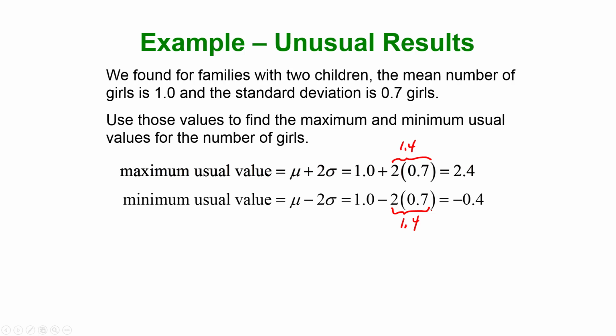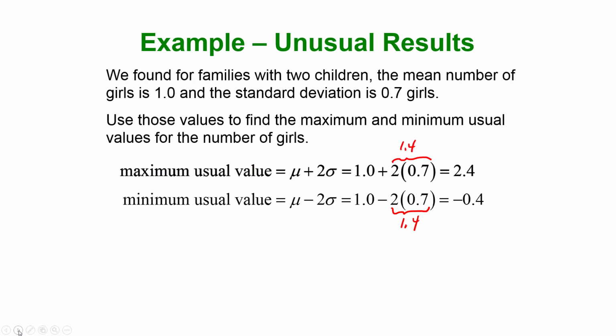So any data value between negative 0.4 girls and 2.4 girls would be considered a usual value. It's not really very insightful in this case, but we're just using the numbers, because what is that really saying? It would be unusual when you have 2 children to get less than 0 girls or more than 2 girls. Of course that would be impossible, actually, more than unusual.